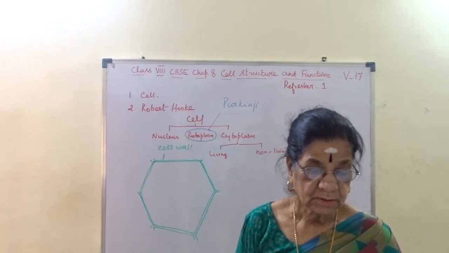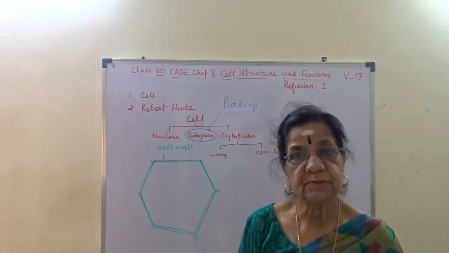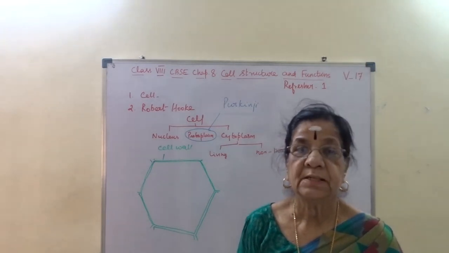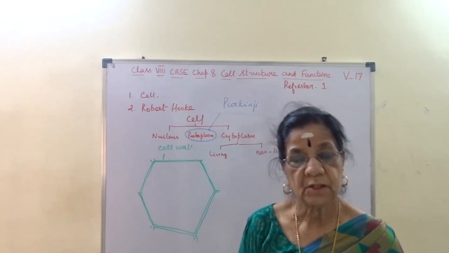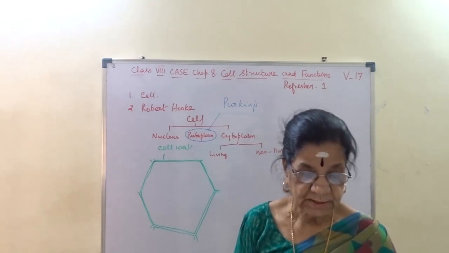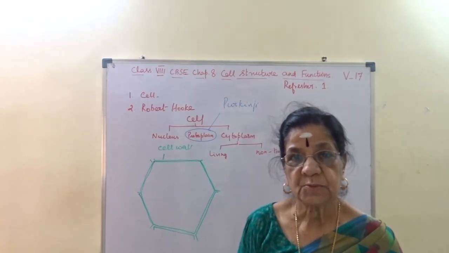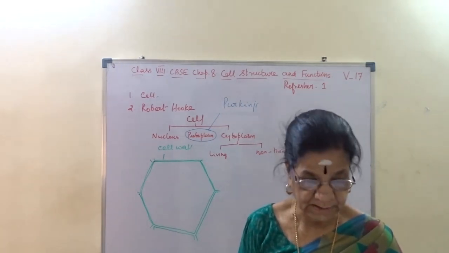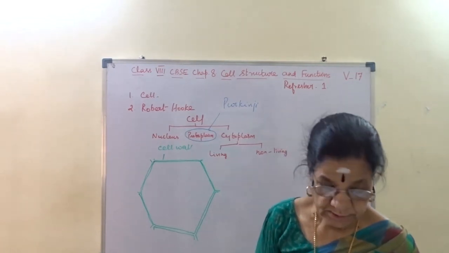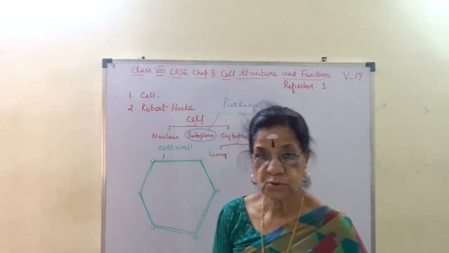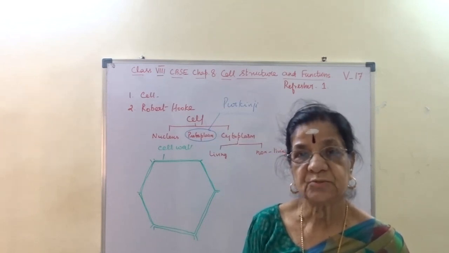So, the digestive system performs different functions: digestion, assimilation and absorption. Similarly, in plants, roots help in absorption of water and minerals. Leaves take part in photosynthesis, respiration and transpiration.